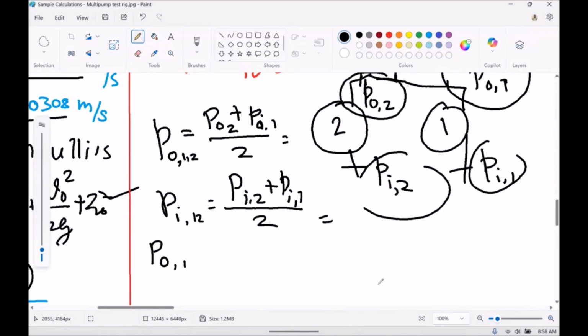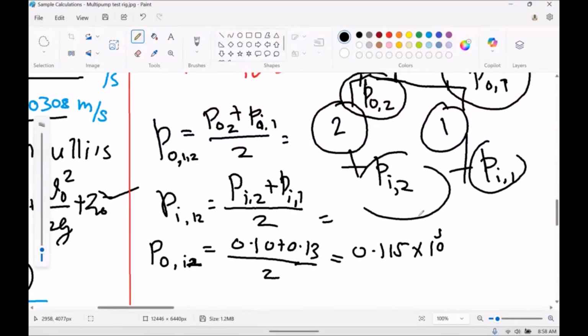PO, outlet pressure for the system 1 and 2, is equal to 0.10 plus 0.13 divided by 2. So here I will get 0.115 into 10 to the power 5 Newton per meter square.